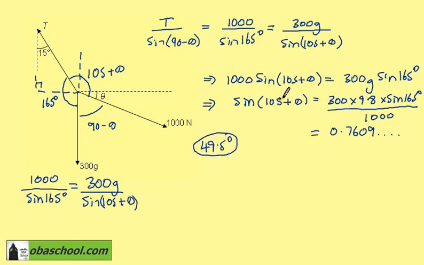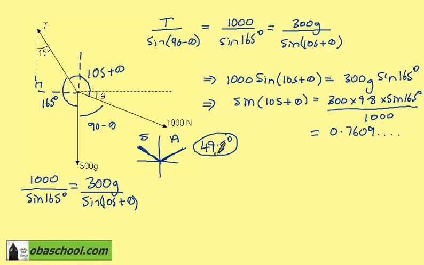However, it should be clear, since the angle we want is 105 plus theta, that we want the associated obtuse angle. Remember, we have A and S. If we've got 49.5, there'll be another angle here, which has the same value for the sine.